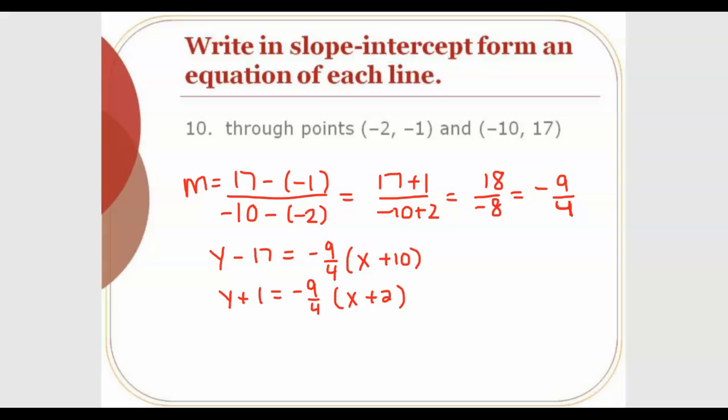Either way, when you simplify, you should get the same answer. So 9/4 times 2 becomes 9/2 minus 2/2. So you get negative 9/4 x minus 11/2.